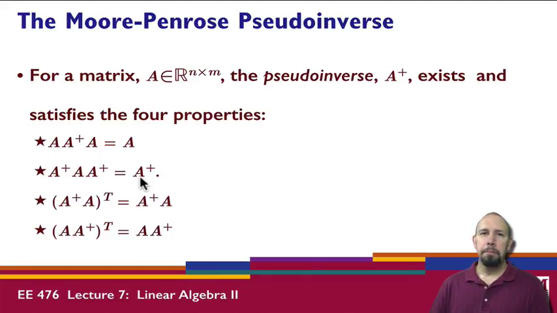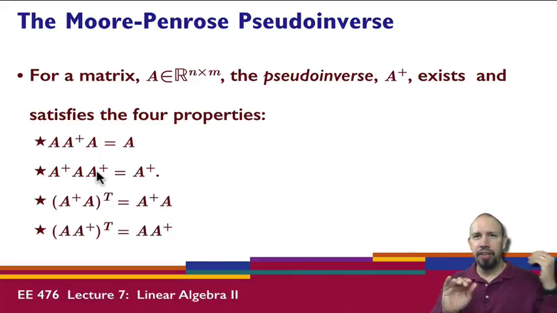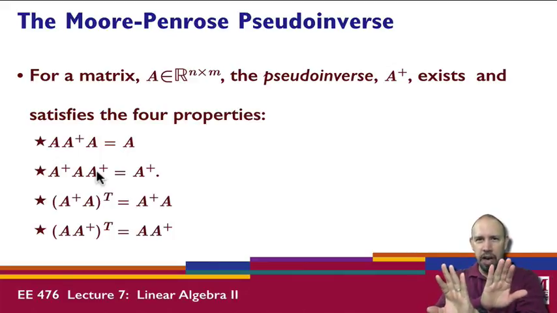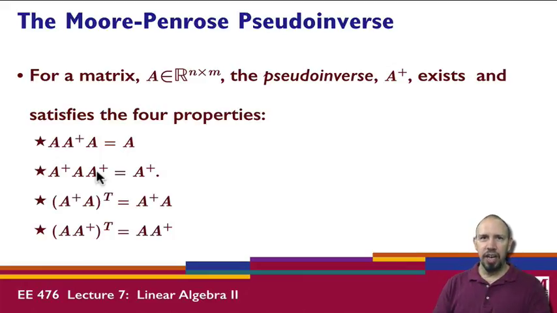So remember, the definition of the inverse was based upon multiplication. We take A times that matrix, and if we get the identity, and if we multiply in the opposite direction we also get the identity, then that matrix is the inverse. So the inverse is defined in terms of multiplication, not division. Similarly, the pseudo-inverse is defined in terms of multiplication, not division, and so we have these properties.